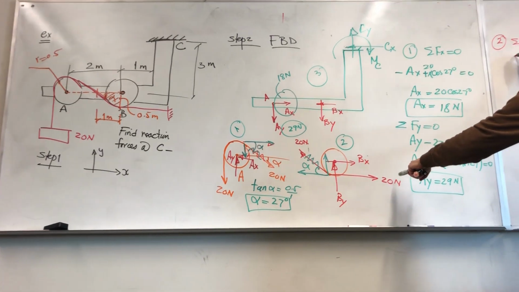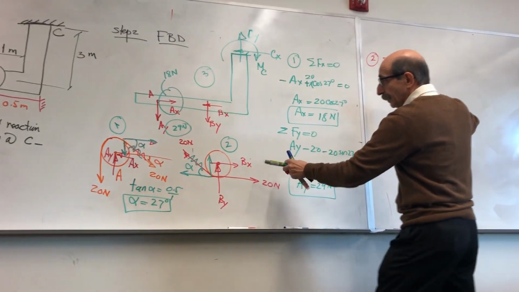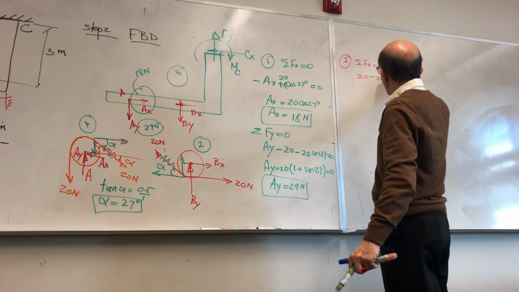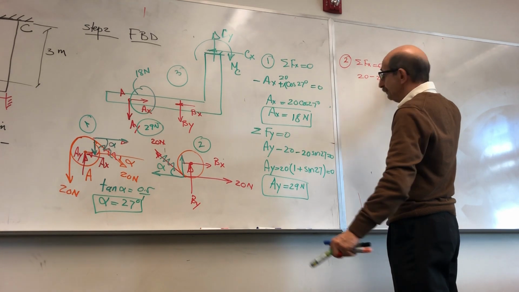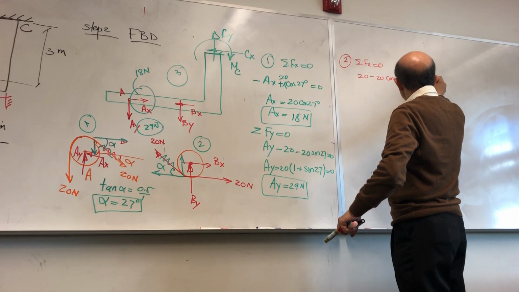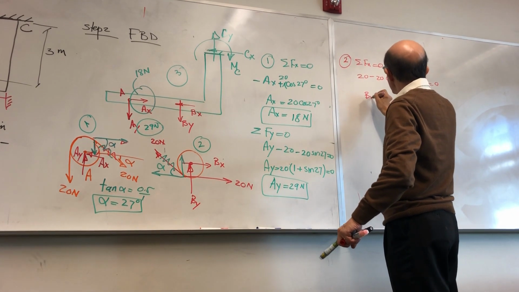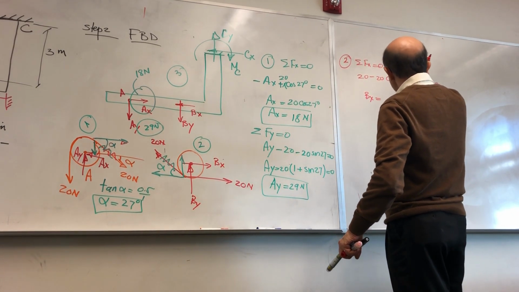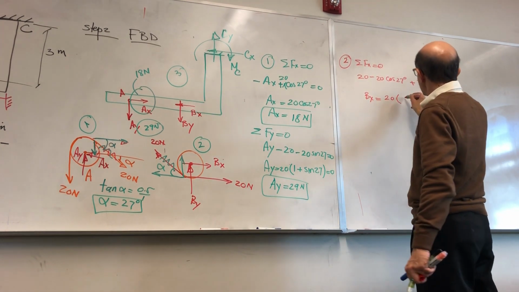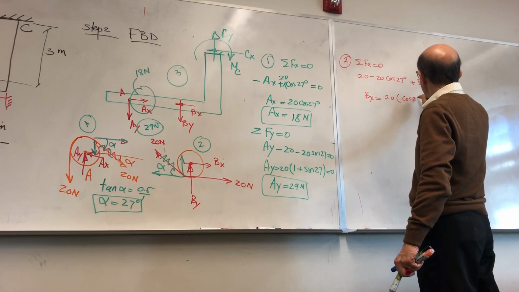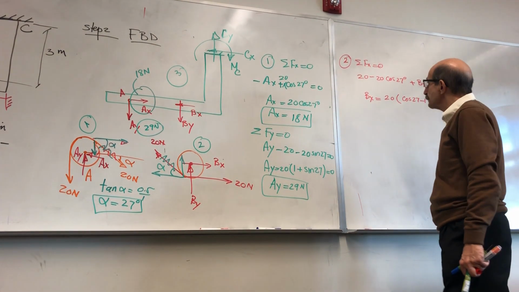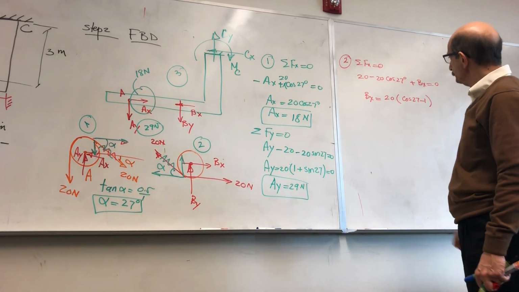So I have 20 Newton minus this, which is minus 20 cosine of 27, plus Bx is equal to 0. So Bx will be 20 times cosine 27 minus 1, right?